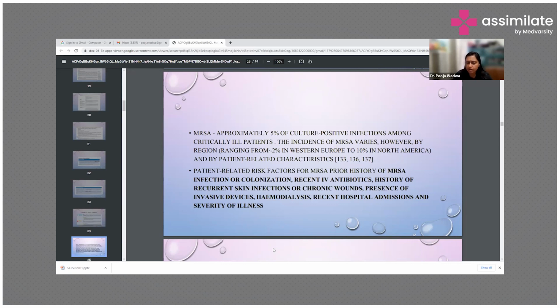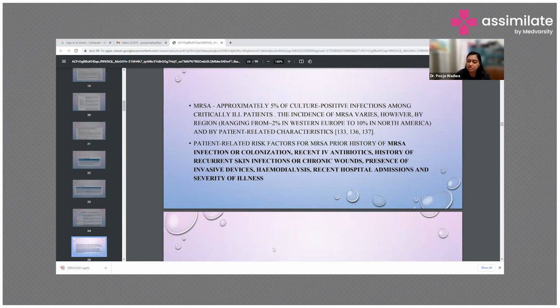There are various subsets of patients in whom MRSA can be quite prominent, especially if there is a previous MRSA infection or colonization, recent use of IV antibiotics, history of recurrent skin infections or chronic wounds, as may occur in diabetic patients or patients with peripheral vascular disease, Raynaud's disease, patients who have invasive devices within them, who are on hemodialysis, who had recent hospital admissions, or if they are very sick.